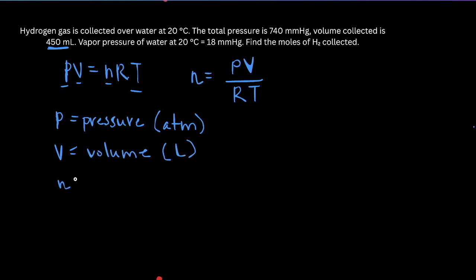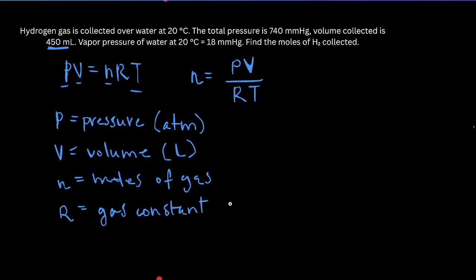N is our moles of gas. There are no other units for that, it's just moles. R is the gas constant, and it has a value of approximately 0.08206 liters times ATM over moles times Kelvin.